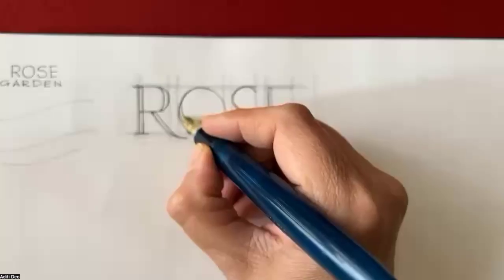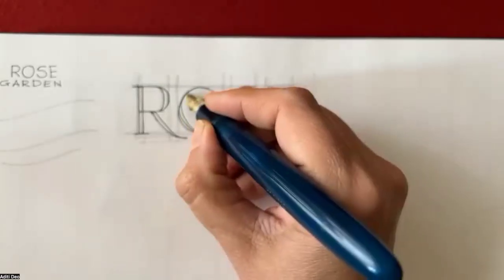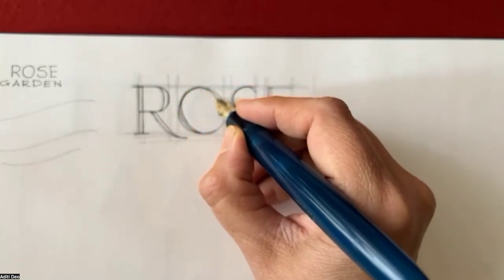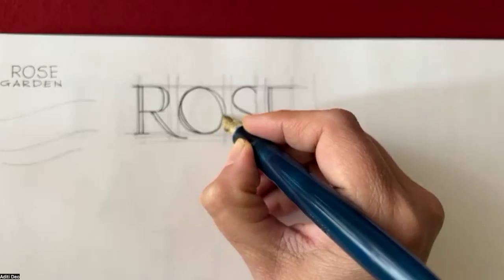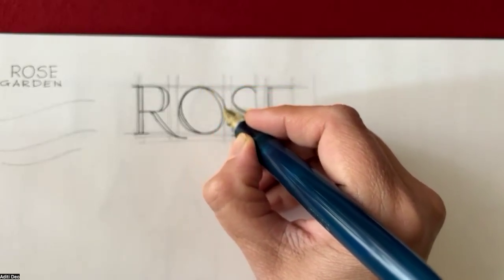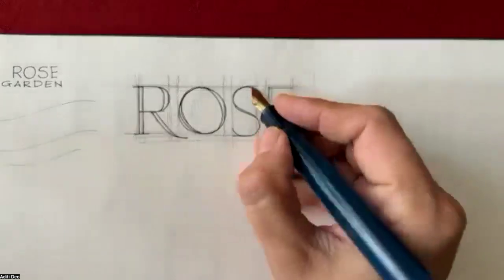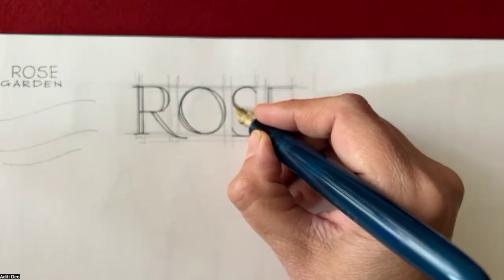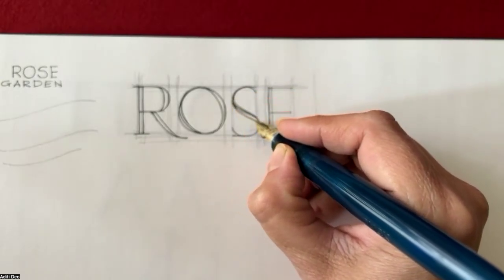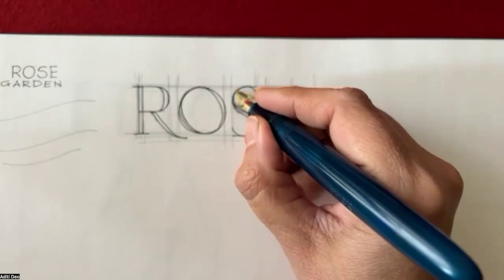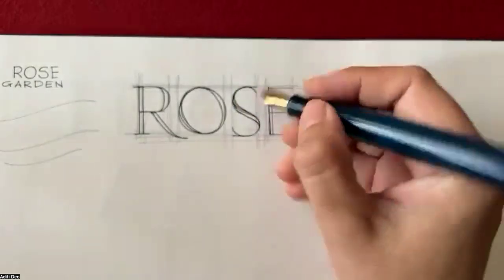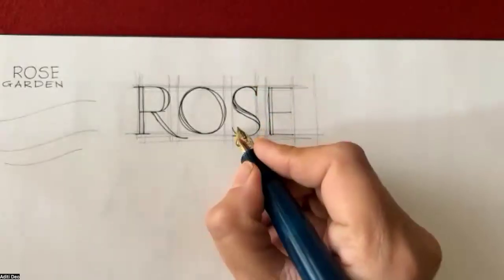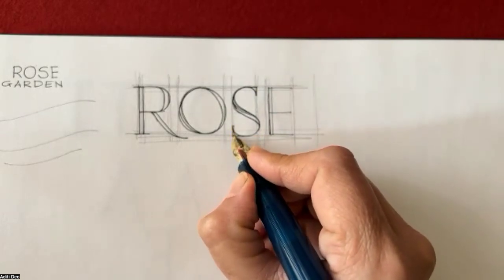For the O, let's try making it like the traditional O. For the S, the thickness will come on the central straight section, and the top can have a nice serif like this, and actually why not the bottom as well.